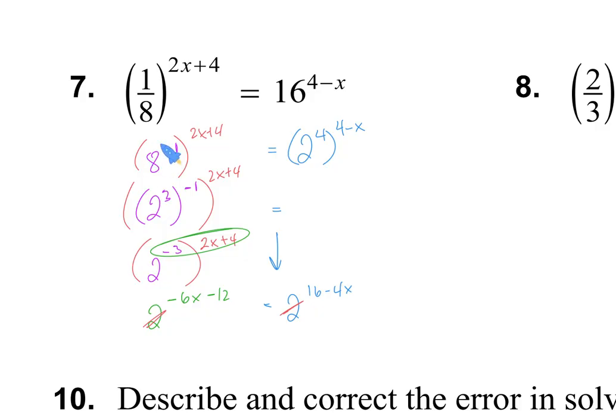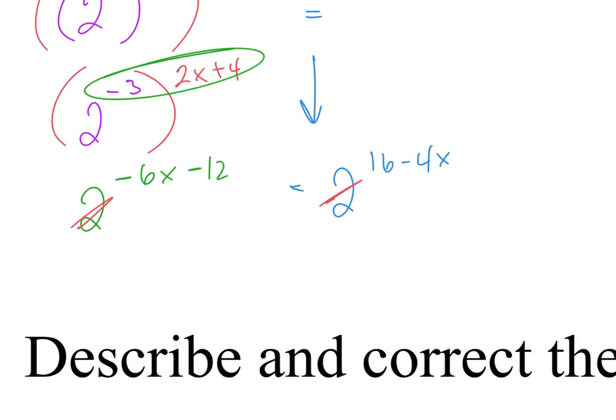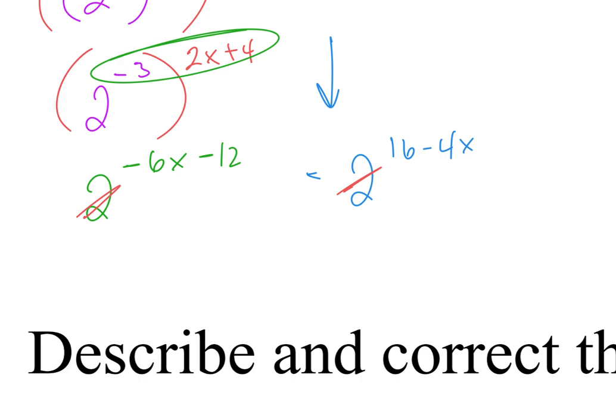So this purple 8 to the -1 is 1/8. That's just the truth. So, back down here, we are ignoring our bases, and the exponents must now be equal to each other, because if they are not, then we have the wrong answer. So add 4x to get -2x, add 12 to get 28. X is equal to -14.